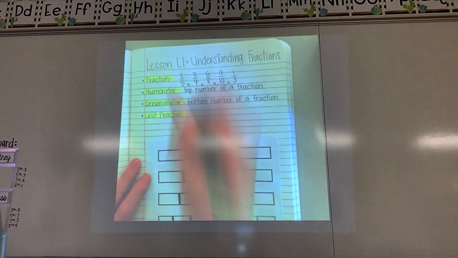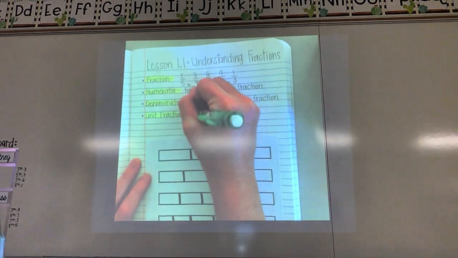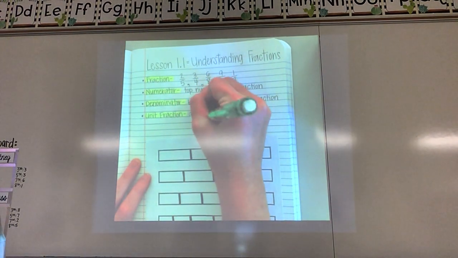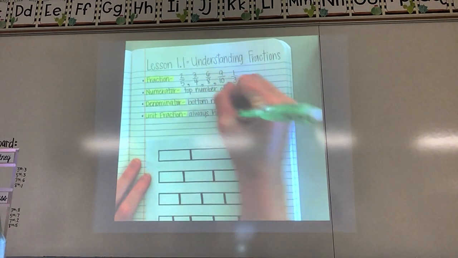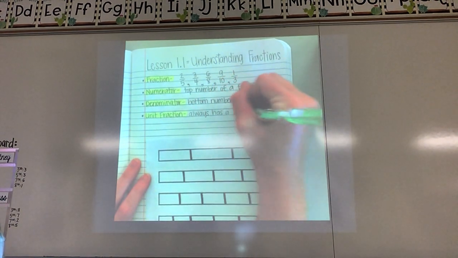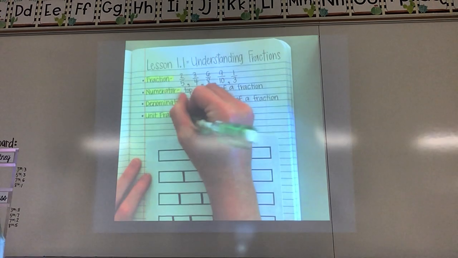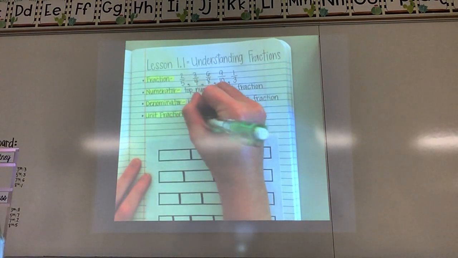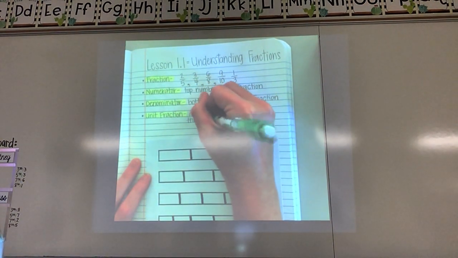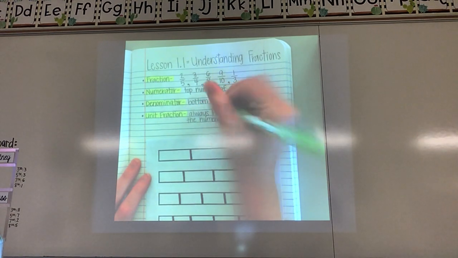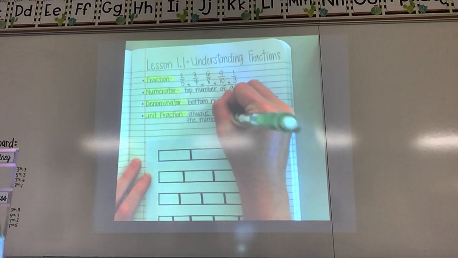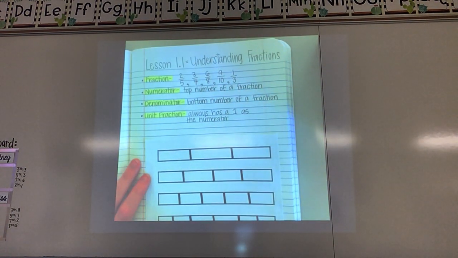A unit fraction always has a 1 as the numerator. So if I want a unit fraction, I have to have a 1 on top. It means one piece of the whole.